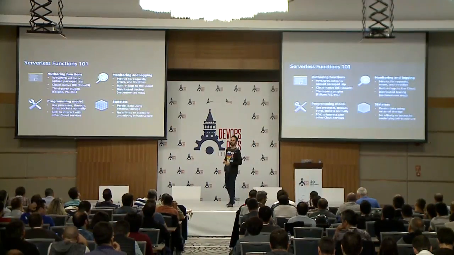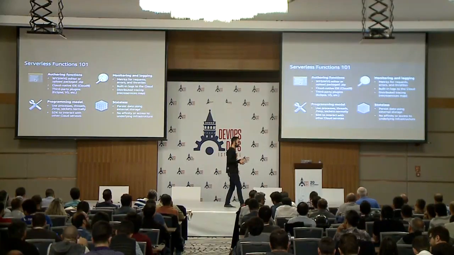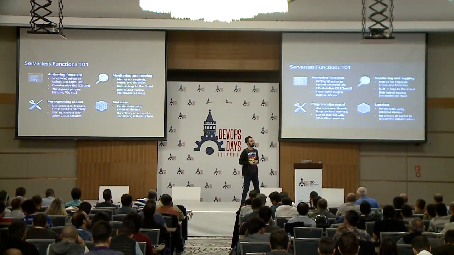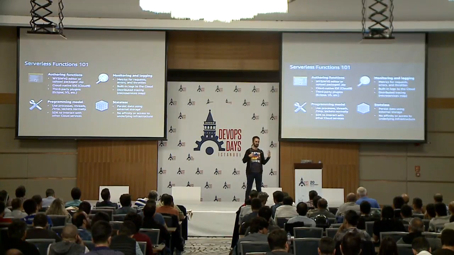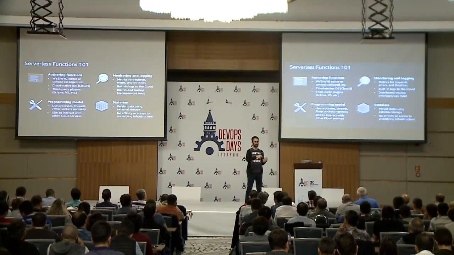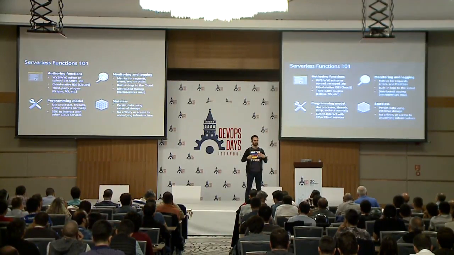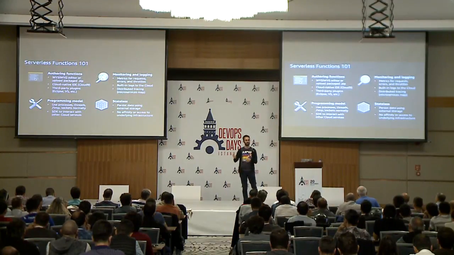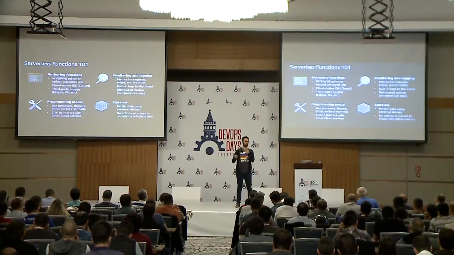Let me tell you about monitoring and logging. That's all built in as well. If you operate in the cloud, you want to have, in Amazon we call it CloudWatch. So everything that you log inside your code, like print or whatever you use, console log in Node, all of that gets automatically centralized into the CloudWatch log stream, and you can monitor that.